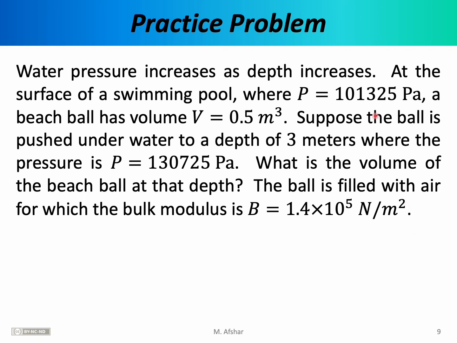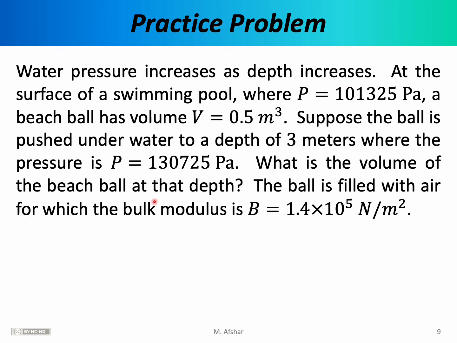So at the surface of the swimming pool where the beach ball is initially located, we have atmospheric pressure. Turns out atmospheric pressure is approximately 101,325 pascals. However, when this beach ball is pushed underwater, the pressure acting on it, and therefore the forces acting on it, will increase.